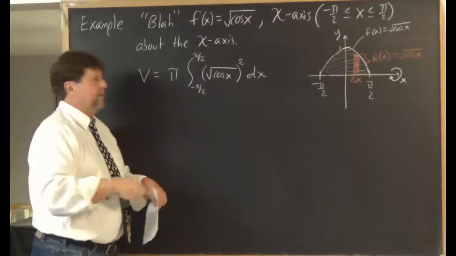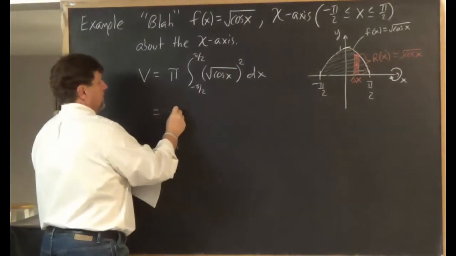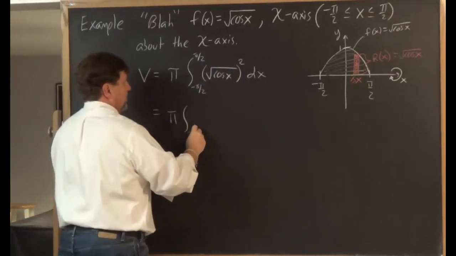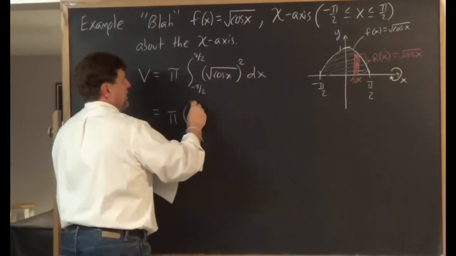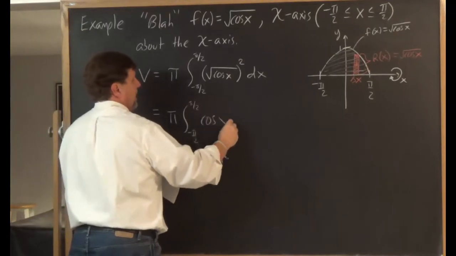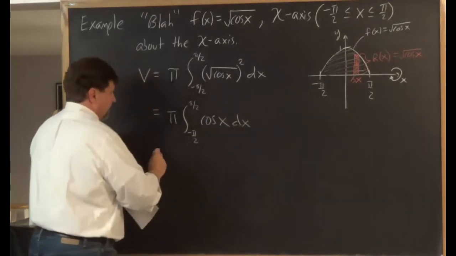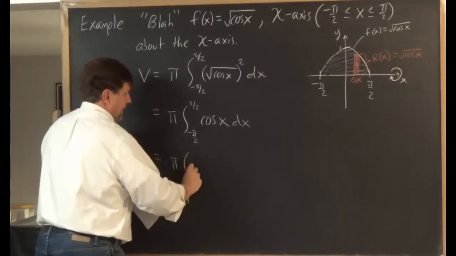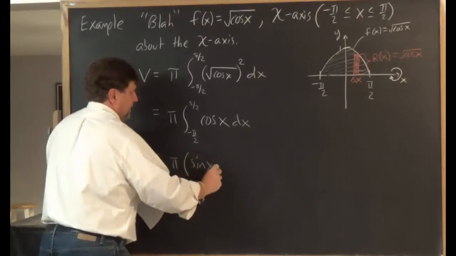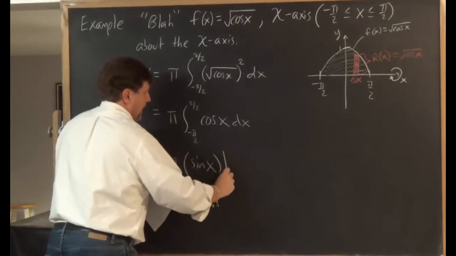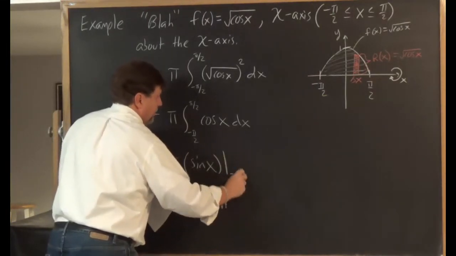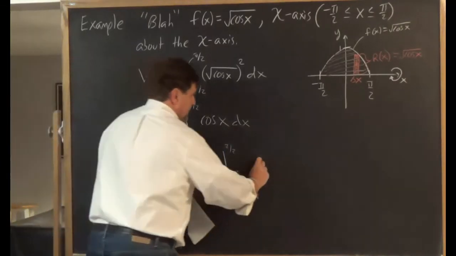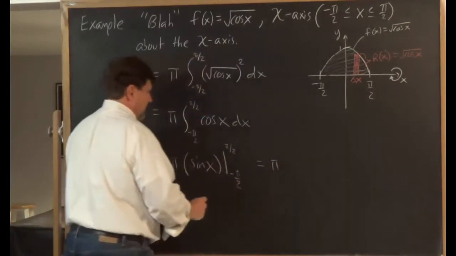So we got to do a little cleaning up here. Square root cosine x squared. Well, that's not too bad. That just gives us cosine x. Antiderivative of cosine x. Well, the antiderivative of cosine x is just sine x. And we evaluate that from negative pi over 2 to pi over 2. Let's see, that gives us pi.